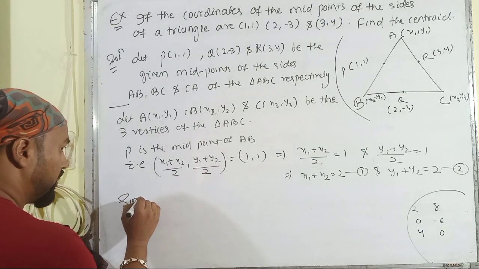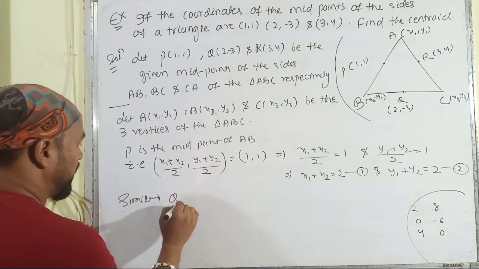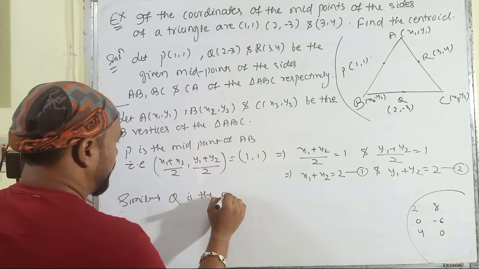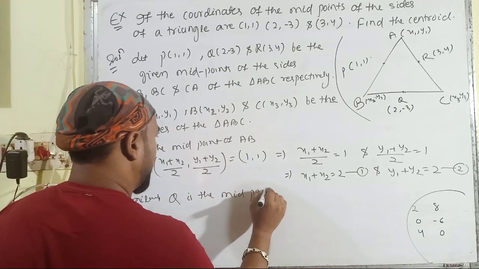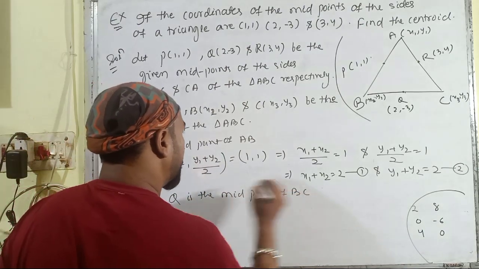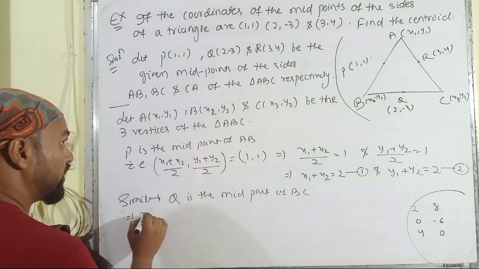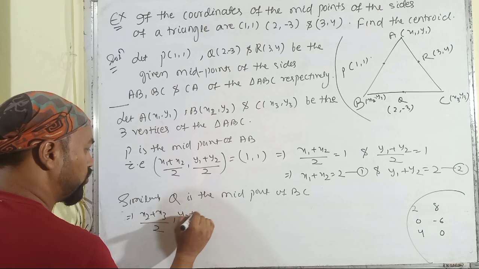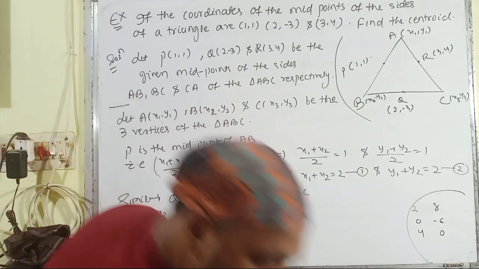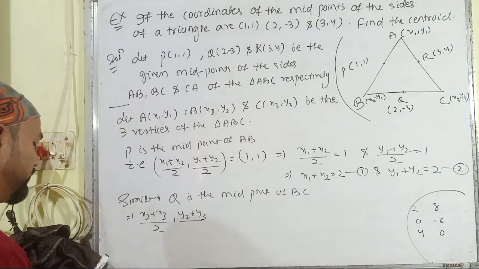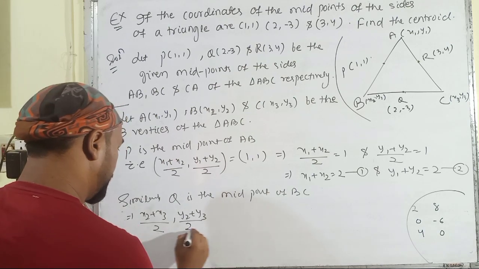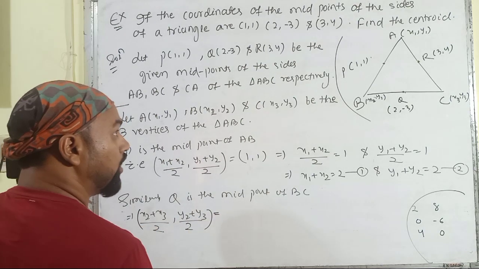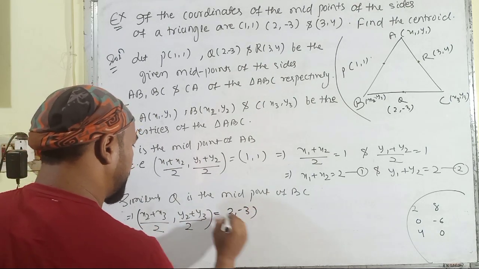Similarly, Q is the midpoint of BC. That implies (x2 plus x3 divided by 2, y2 plus y3 divided by 2) is equal to (2, -3).